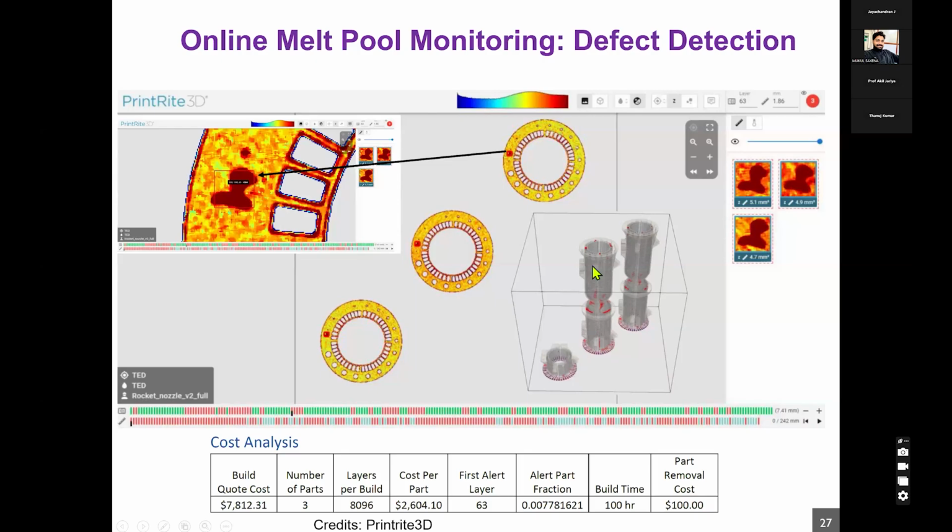When this part is being built from bottom to top, you can see here at this particular location there were some anomalies. Based on those anomalies, you can take a call whether to continue with the printing of the component or to discontinue. If at all these levels of defects are acceptable for the end use, you can continue the 3D printing. Otherwise, you can discontinue at this stage itself so that you can save time, effort, and also the material.